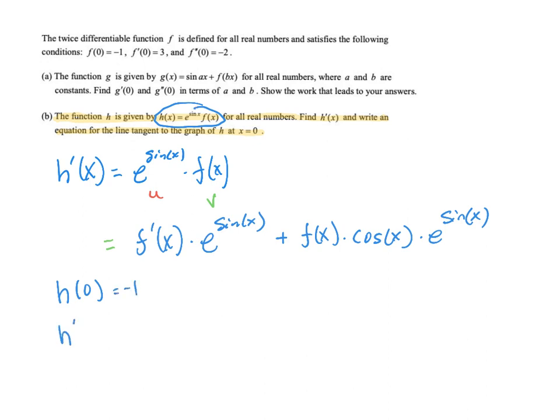And then h prime of 0, we're going to plug into our function here. That's going to be f prime of 0, which is negative 1 times e to the sine of 0, which is 1. I'm sorry, f prime of 0 is not negative 1. Let's try this again. F prime of 0 is 3. E to the sine 0 is 1.